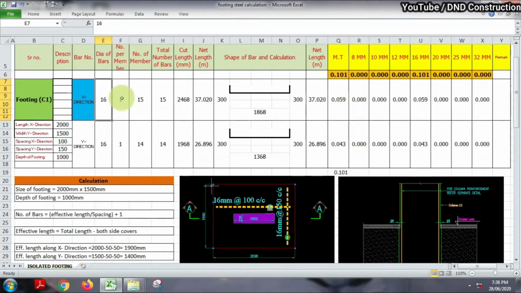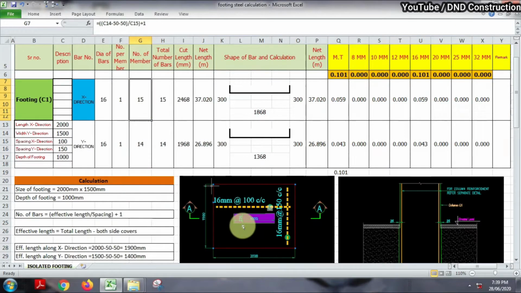Number per member means we are calculating only the C1 column. If C1, C2, C3, different same type of columns are there, then the number of members will increase. Now we have only one member, so I have kept only one.